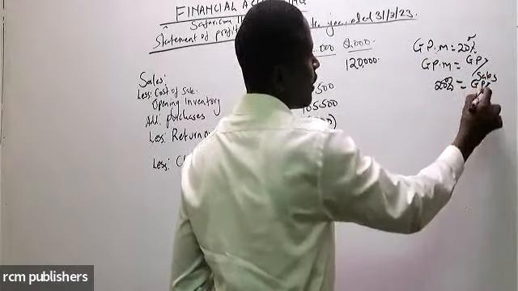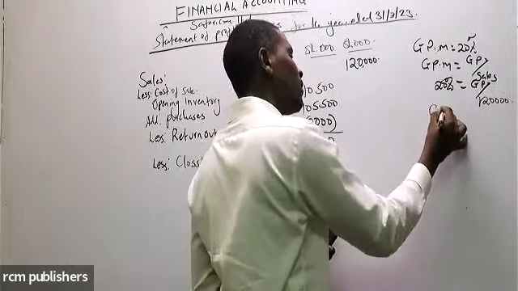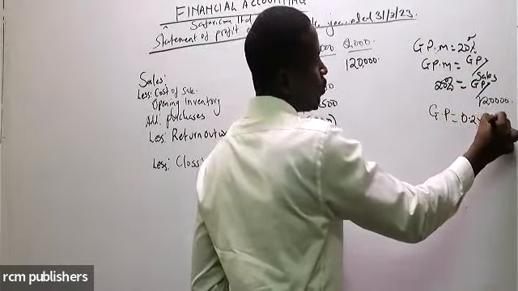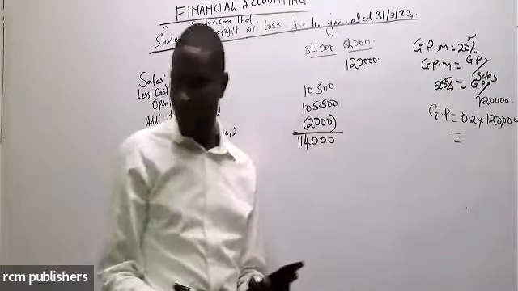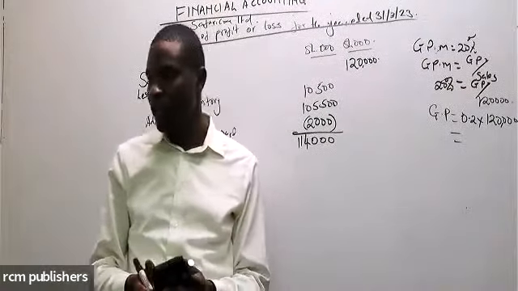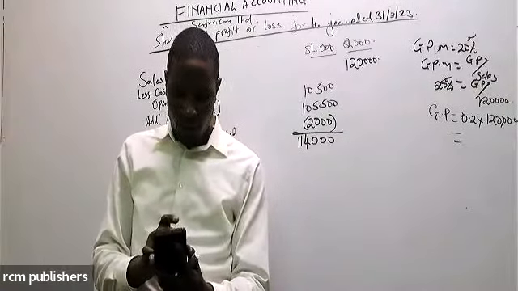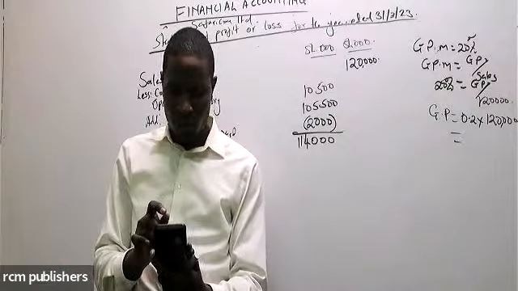Our sales is 120,000. So our gross profit in this case will be 0.2 times 120,000. How much are you getting? Compute for me 0.2 times 120,000.